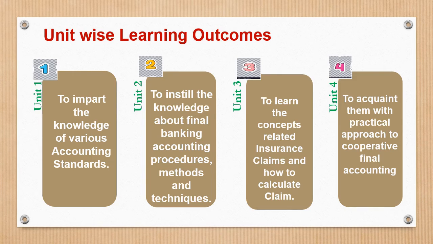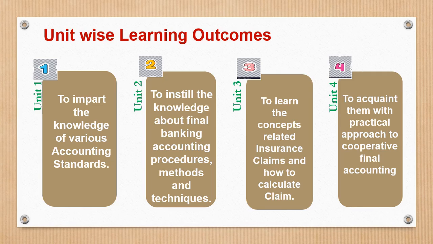Unit number 2, to instill the knowledge about final banking accounting procedure, methods, and techniques, how to solve the final banking company account problem in a practical way. Then unit number 3, to learn the concepts related to insurance claims and how to calculate claim by loss of stock method and loss of profit method.